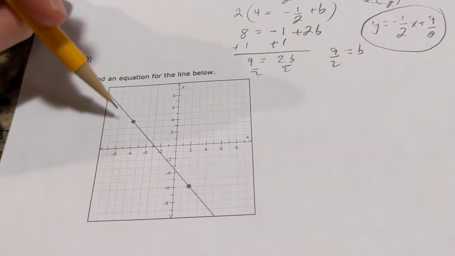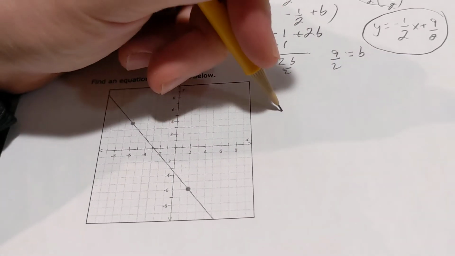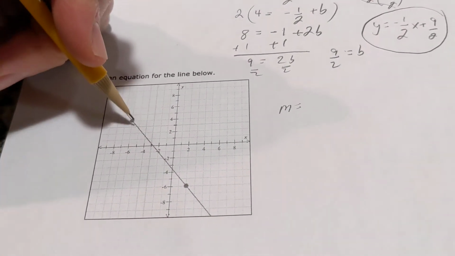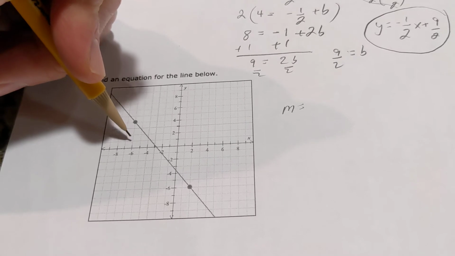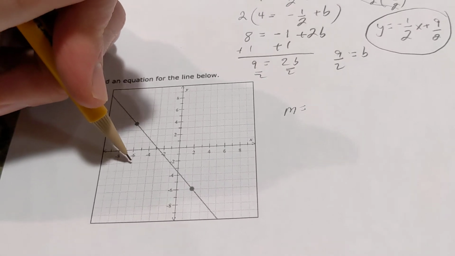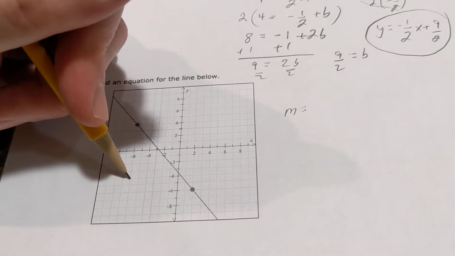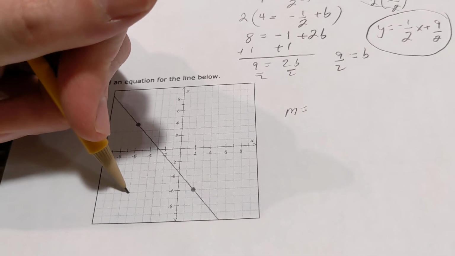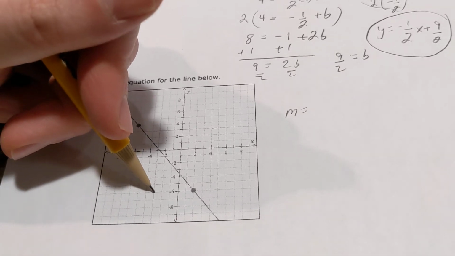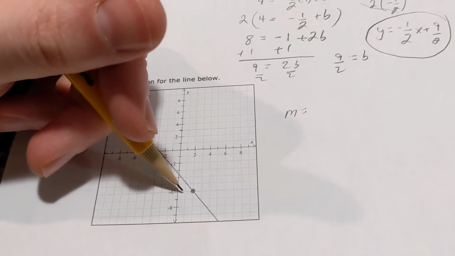Next one, slope. Down 1, 2, 3, 4, 5, 6, 7, 8, 9, 10 over 1, 2, 3, 4, 5, 6, 7, 8.